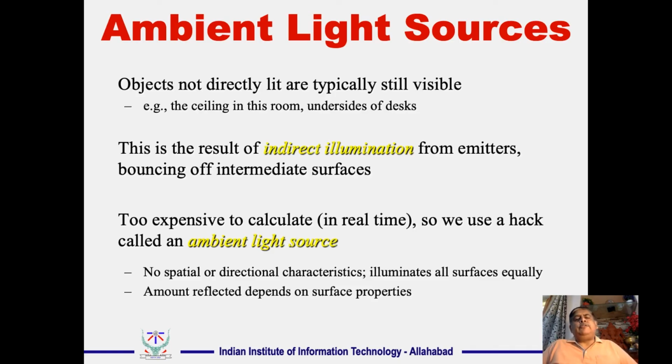It is too expensive to calculate in real time, so we use a hack called the ambient light source. We say that this light source is as if this amount of light exists from every object, and every object is illuminating the world and in the direction of the camera by some amount of light, and we will call it the ambient light source.